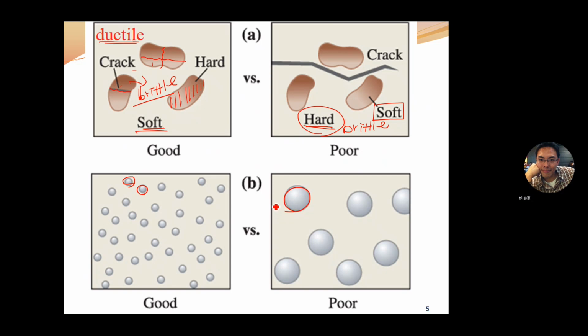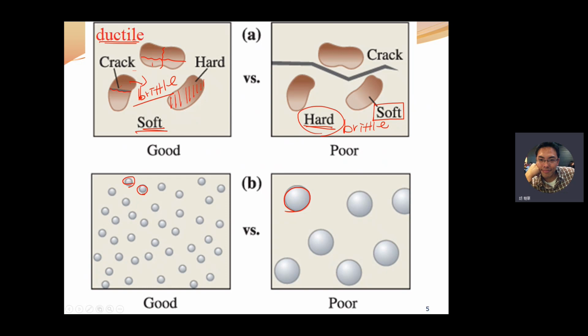Why? Can you tell me the mechanism of the influence of the particle size of the precipitate phase?